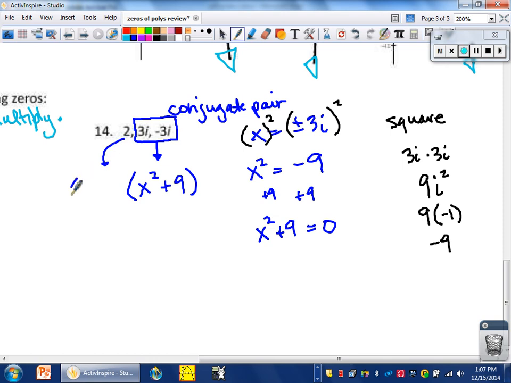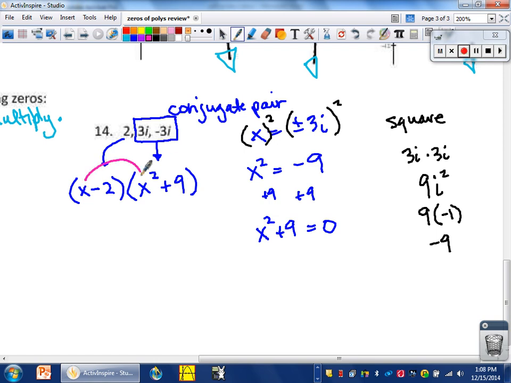And of course we have our positive 2, which gives us an x minus 2 as its factor. Anytime you have imaginary zeros, you're always going to get an x squared plus factor. If these were radicals or real zeros, you would get an x squared minus factor. It always happens to be like that.